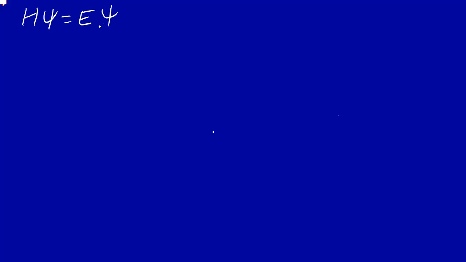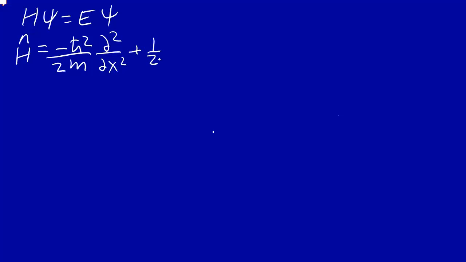Let's write down the Hamiltonian for a two-dimensional oscillator. In the first dimension, say the x dimension, it will be minus h bar squared over 2m times the second derivative with respect to x. We have to use partial derivatives here because we have two independent variables. Then we have the potential energy term, 1/2 kx, where kx is the spring constant in the x direction, times x squared.